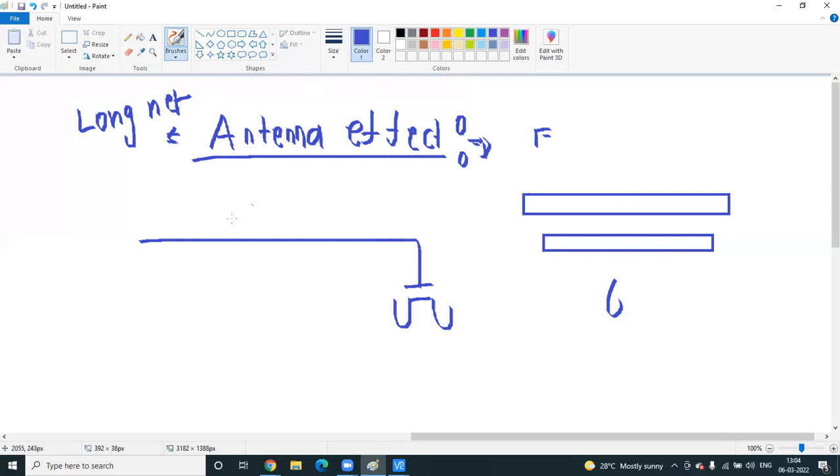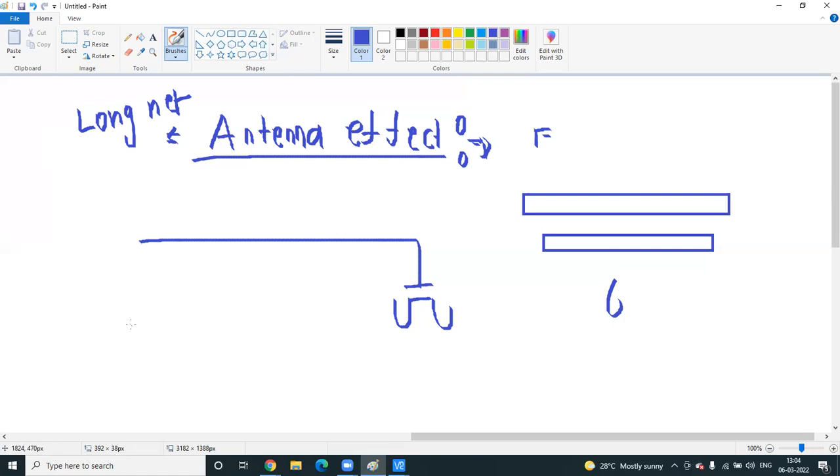At the time of etching, what will happen? Etching is of two types: dry etching and wet etching. Generally they use dry etching because there is no liquid. Wet etching means they will use hydrochloric acid, but dry etching uses plasma.